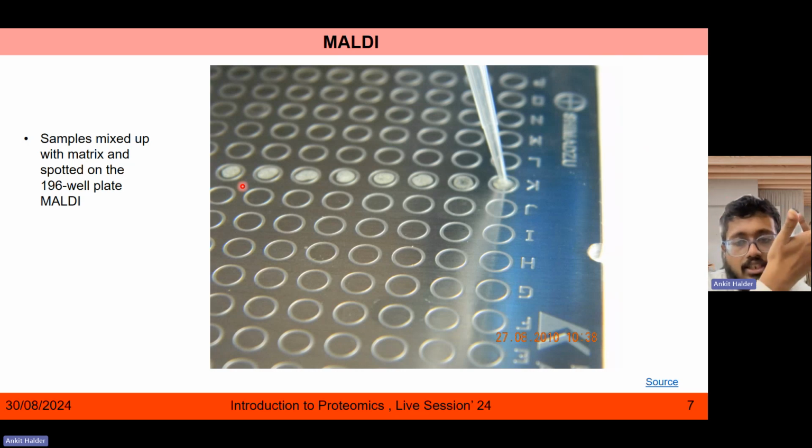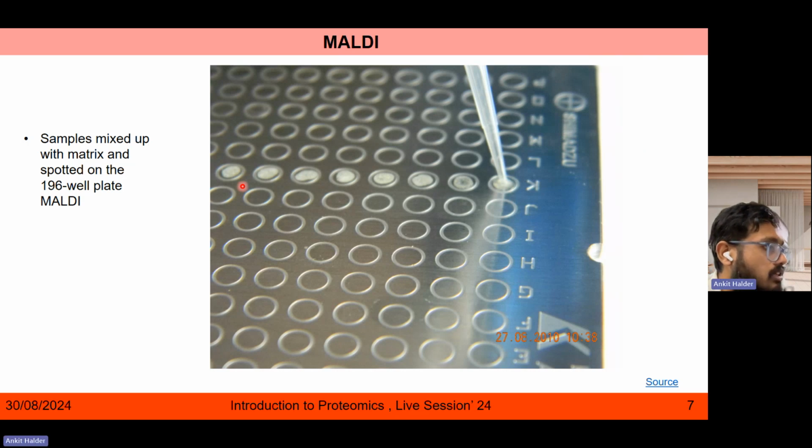When it is dried, the laser is fired and it will eject the charged molecules, which flow through and reach the detector to get the ideal m/z values. This is quite important for getting the particular data.